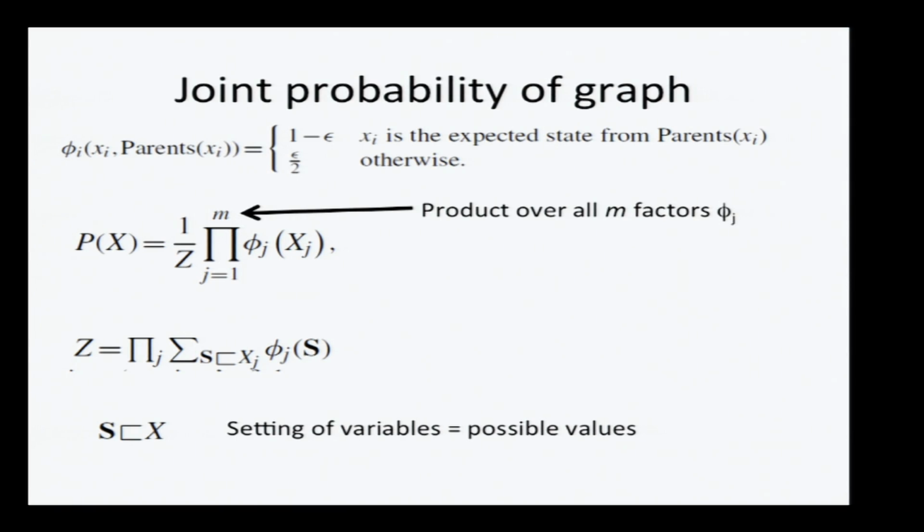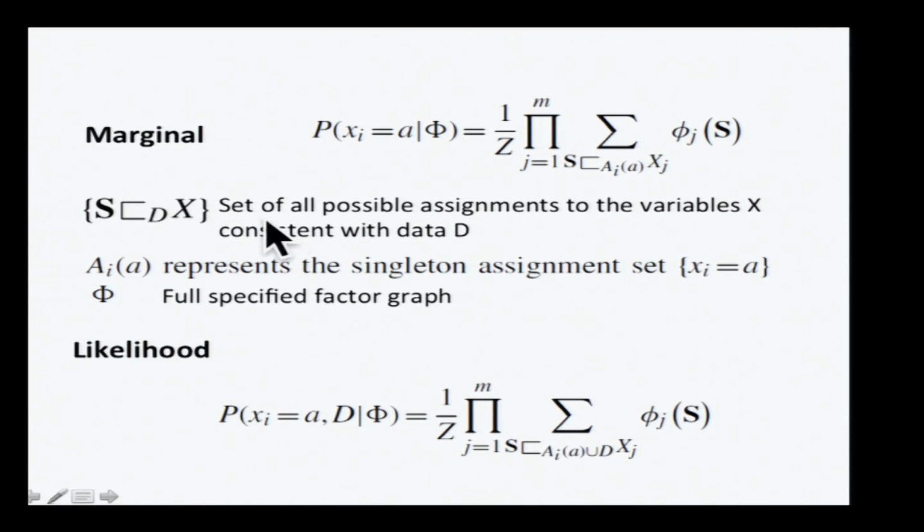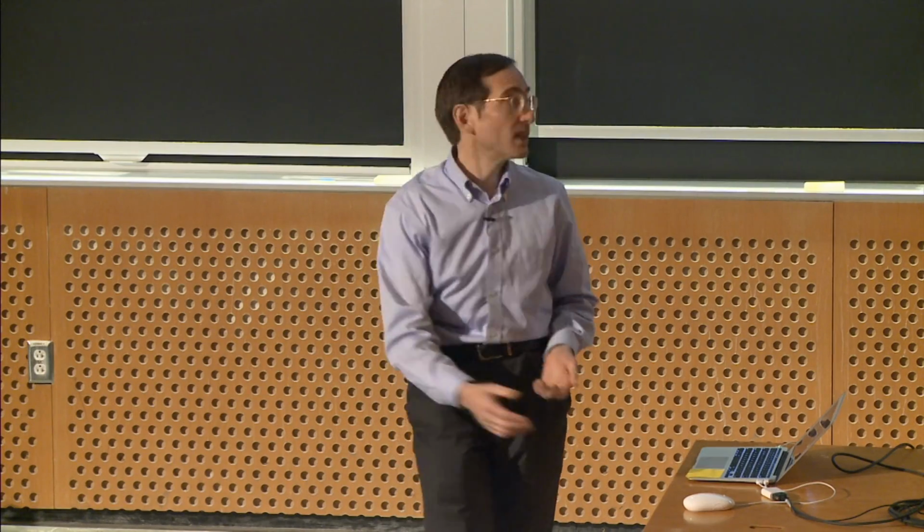And this notation that you'll see if you look through this means the setting of all the variables consistent with something. So this is the setting of all the variables x consistent with the data that we have, the data being the arrays, the RNA-seq if you had it.